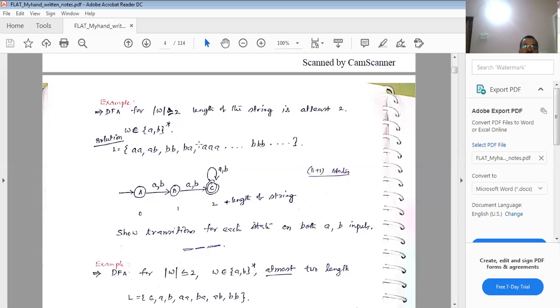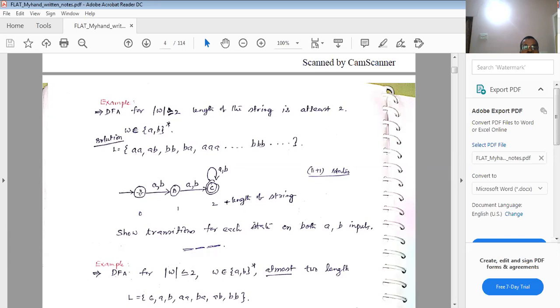But two or more. We may have all combinations: A, B, A, B, A, and so on, B, B, B, B, A, B, A, B, and so on. Many more strings. Right. So for accepting this, what is it?